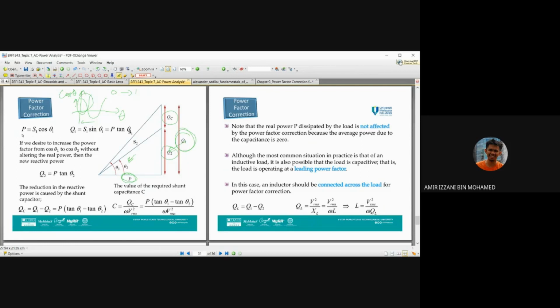So this is the original P equation and Q equation. Q1 is S1 sine theta 1, or P tan theta 1.